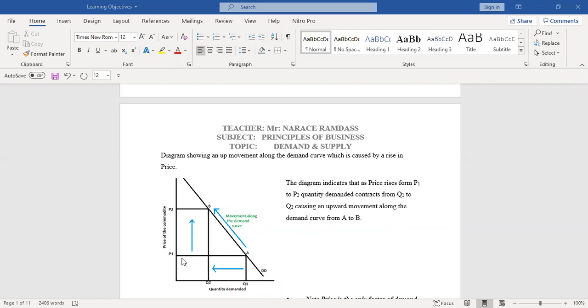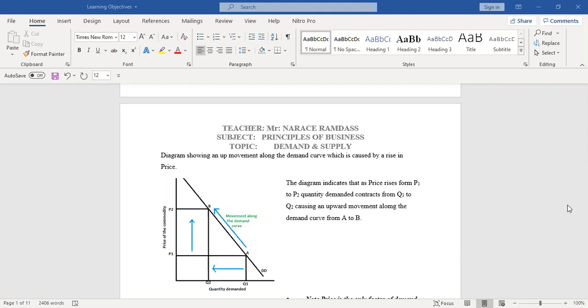What that does is that when the price rises from P1 to P2, quantity demanded contracts from Q1 to Q2. Okay? Originally, at the price P1, you are on point A of your demand curve. Point A is here. When the price rises from P1 to P2, it takes you to point B on your demand curve. Good? So as a result, when the price rises, it causes an upward movement along your demand curve. You're moving from point A to point B at the newer price.